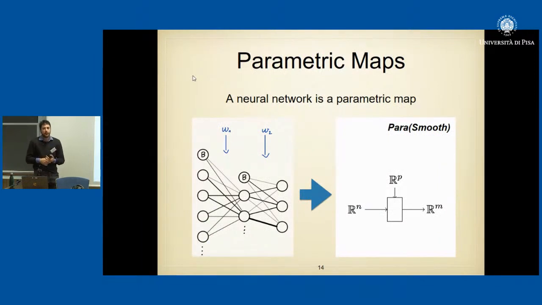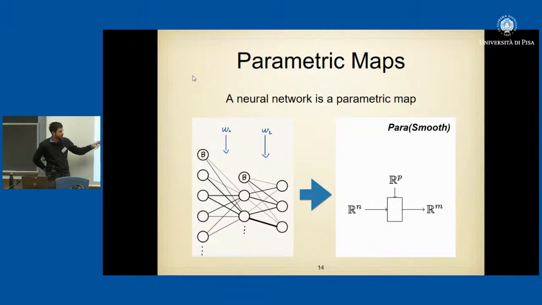As a first example of why we want parameters around, a neural network is an example of a parametric map. Take the category of smooth functions over vectors of the reals. So in this case, a neural network is simply a morphism in this category. You have your weights, they constitute this parameter space P, together with the biases.